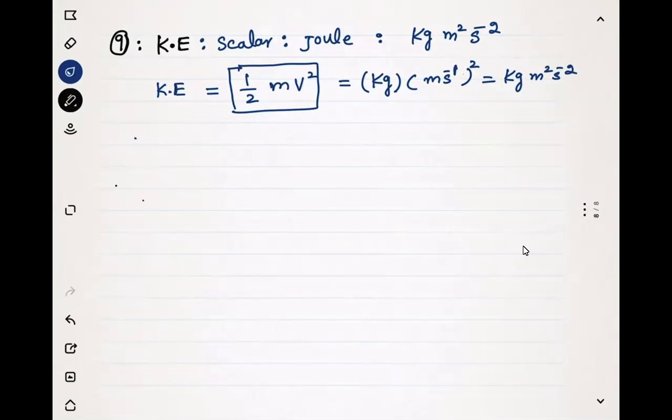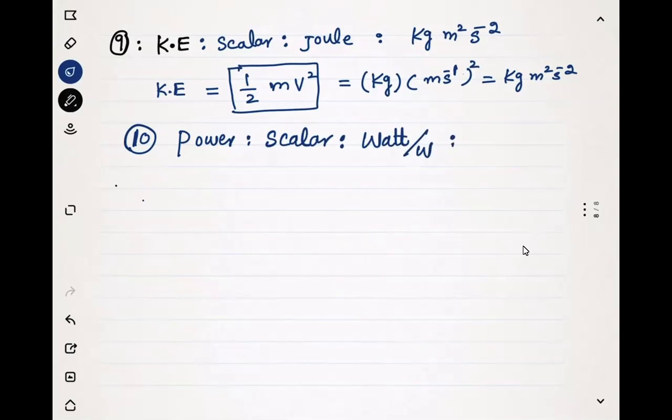Right now we are on number 10. Number 10 is power. Power is a scalar. Its unit is watt, represented by W. And for its base unit, we'll go with derivation.